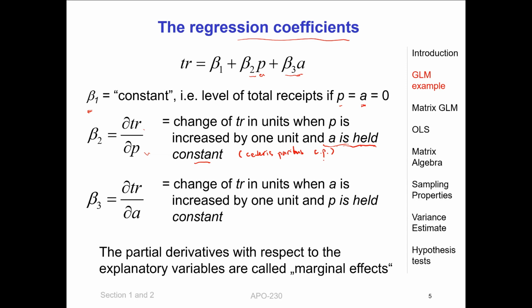Also this we had in micro already: the partial derivative with respect to the explanatory variable is called the marginal effect. Marginal something is measured by taking the first partial derivative of the variable of interest with respect to that explanatory variable. So marginal effect is another name for the regression coefficients in the case of OLS, but only in OLS. We will see that when we see other types of models later in the course.